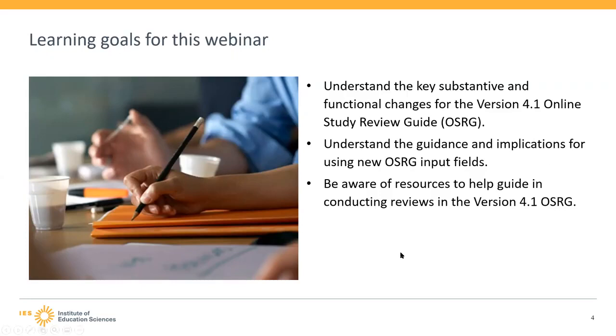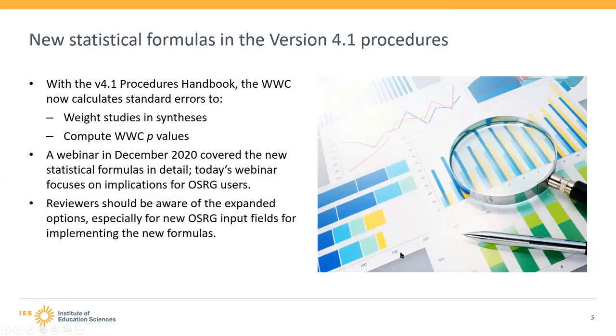David? Thanks, Liz. With the version 4.1 WWC Procedures Handbook, the WWC now calculates standard errors that represent the uncertainty of intervention effect estimates. These standard errors are used to weight studies in cross-study syntheses and compute WWC p-values for individual study findings.